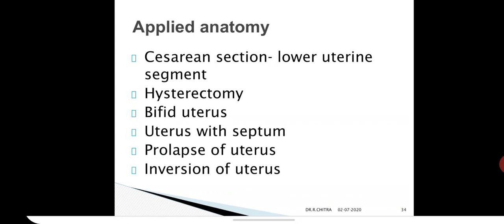It is a common complication in an adherent placenta. When trying to remove the adherent placenta, the uterine endometrium may turn inside out, leading to shock. So this inversion is slightly different from prolapse of the uterus, you should know.